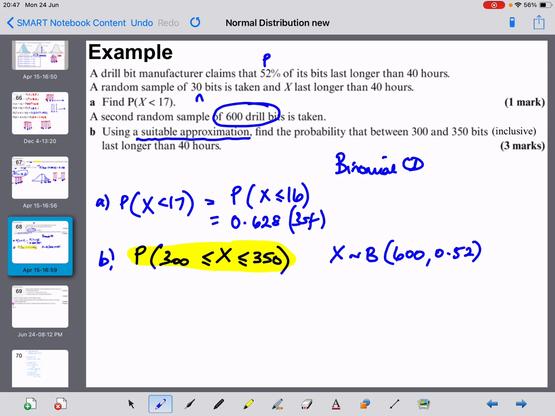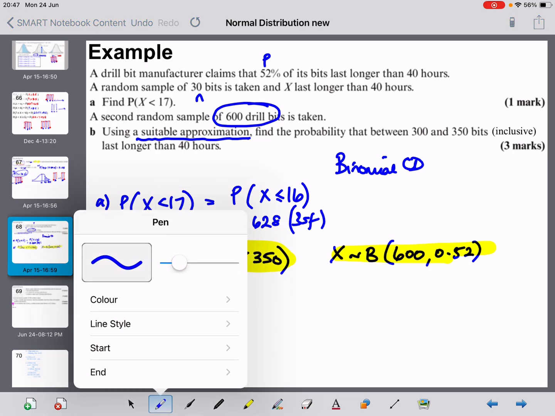So we've got our parameters and we've got our question. In order to use a suitable approximation, we need to first change our parameters, and then second, do our continuity corrections. So I'm going to change the parameters first.